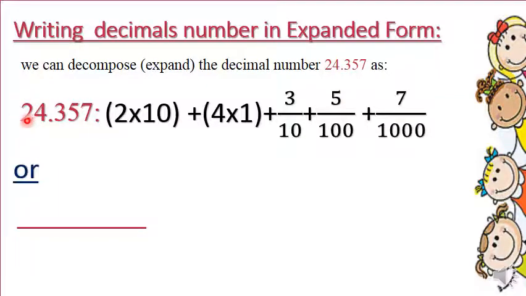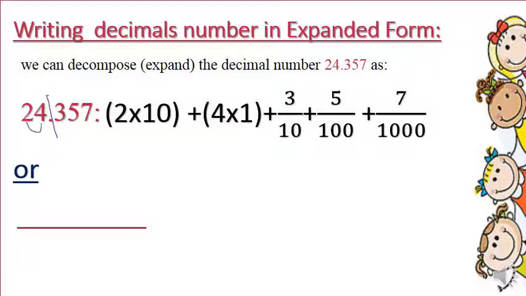It's 2 times 10 because it's in the tens place. Pay attention. When we want to decompose, we have to decompose the whole part alone and the decimal part alone in a different way. So starting with 2.